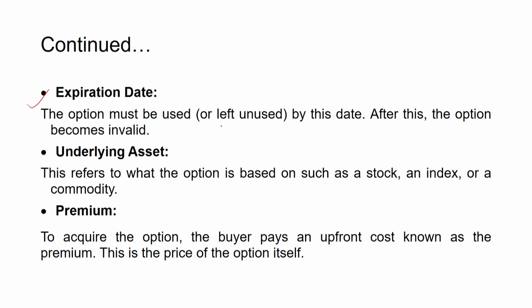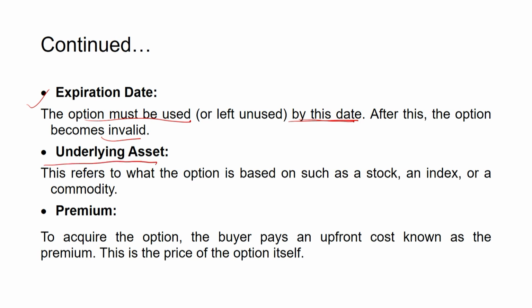This is the time period by which you need to use your right of purchasing that asset under the contract. The option you have purchased must be used before the expiration date. After this, the option becomes invalid and you will not be able to purchase the asset at the strike price that you have negotiated under the contract.